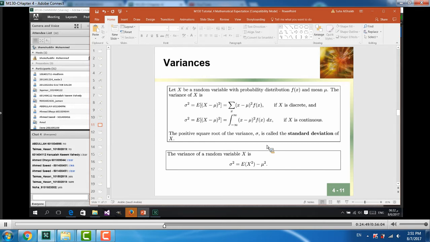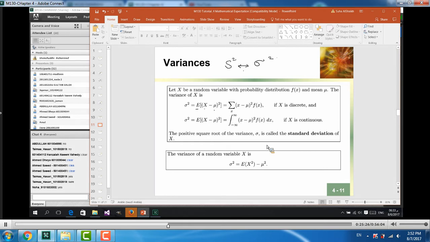So the next thing we will talk about is the most famous spread measurement, the variance, which is the S squared. In our case now, we are going to call it sigma squared. It's a square actually. Okay, so the variance, the sigma squared, is defined to be the expectation of (x minus mu) squared.